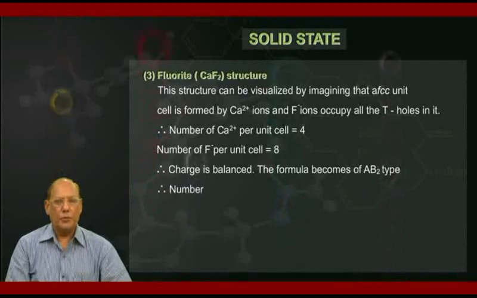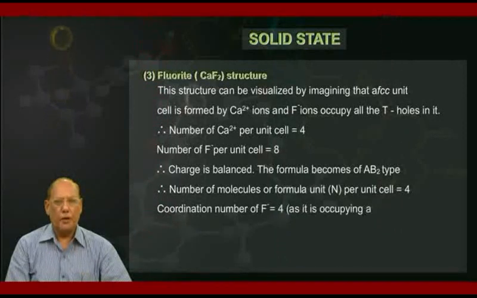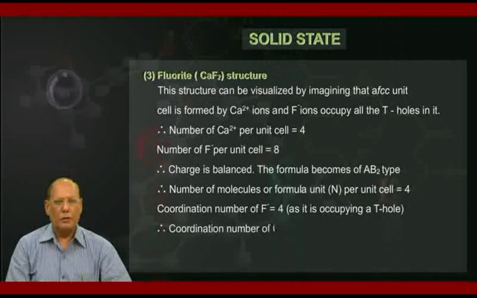Number of molecules or formula unit N per unit cell will be equal to 4. Coordination number of fluoride ion will be equal to 4 because it is occupying a tetrahedral hole, and therefore the coordination number of calcium ion will be equal to 8.